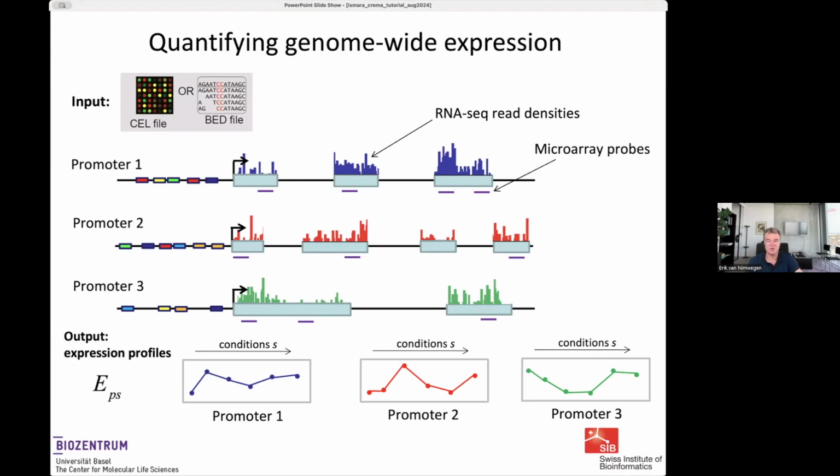This is now quite old, but for people that still want to use this, there you look at microarray probes associated with transcripts. The final result of this processing is going to be another matrix which gives for each promoter P in each sample S the expression of this promoter in that sample. So it gives you expression profiles across the samples. That's conceptually what's happening.